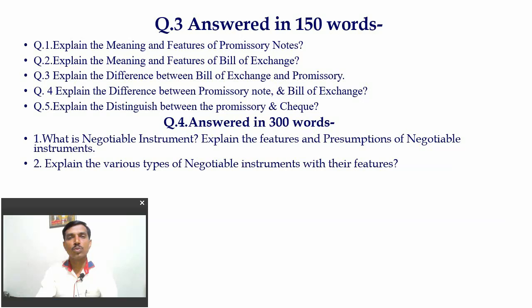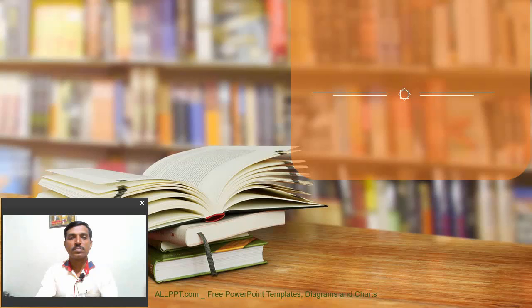For that, you need to give the definition of negotiable instrument, the definitions of promissory note, bill of exchange and check, the format to draw the promissory note, bill of exchange and check, and write down their features one by one. This is important in answering the 300-word question. This question will be asked for 20 marks.